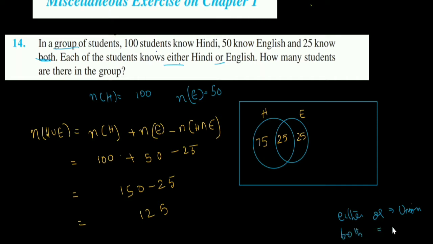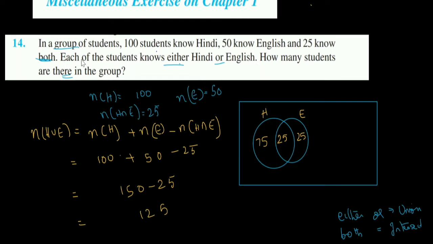So N of H intersection E is given as 25. How many students are there in the group? You have to find H union E, or A union B, either or.